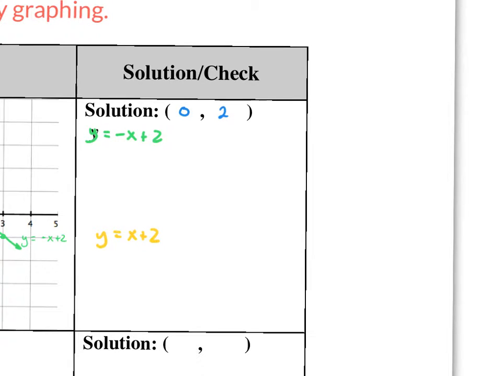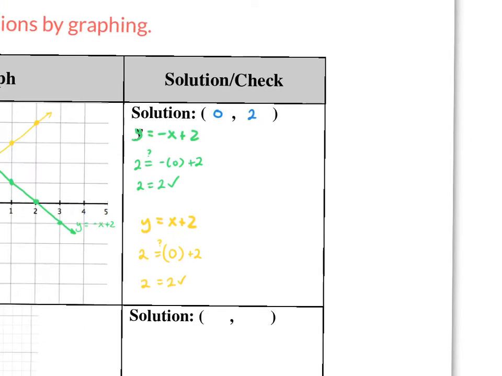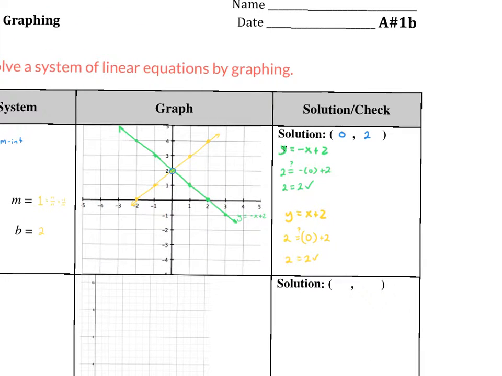For the first one, I get 2 equals -0 plus 2, and 2 does equal 2, so it's a check. Continuing on, does 2 equal 0 plus 2? Of course, 2 equals 2. So my solution is no longer an estimate, but the actual solution. So (0, 2) is my solution to the system.